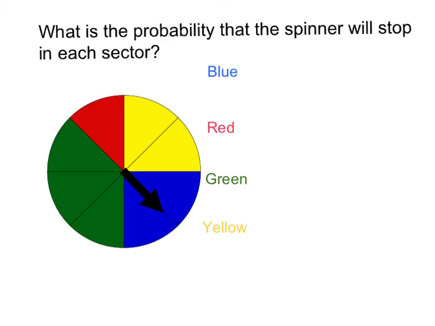Another example related to the sector is what is the probability the spinner will stop in each sector. Now, what we can see here is that this spinner is cut up into eighths.